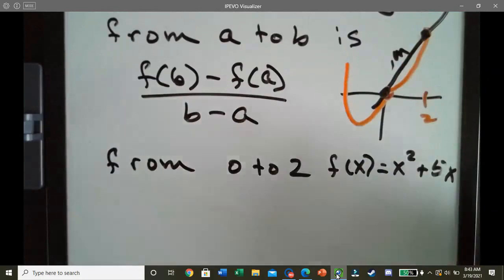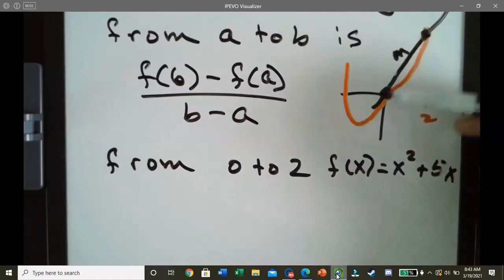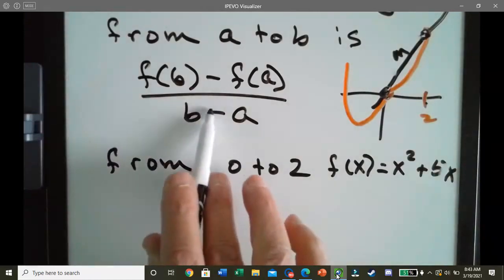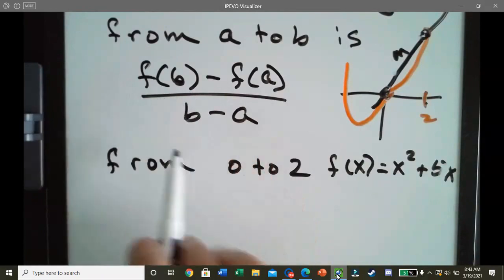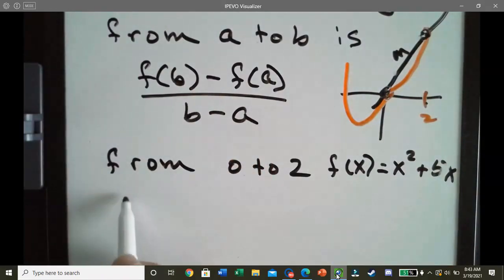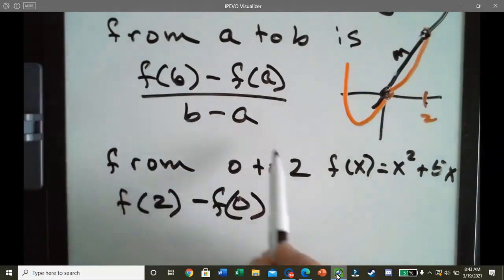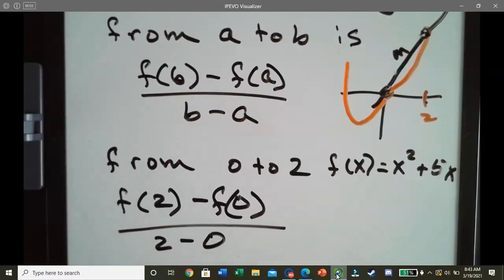Basically what we want to know is the slope. The slope, if we were to draw a line on this curve between 0 and 2, what is that slope? What is the average rate of change? So really all this is the slope of two points equation, okay? Where in this case, we're looking for f of 2 minus f of 0, right? 2 is our b, and 0 is our a, over 2 minus 0. Okay, that's what we're looking at.